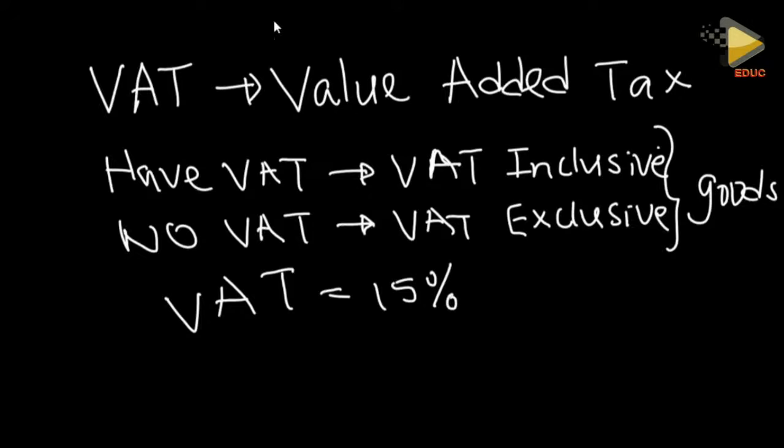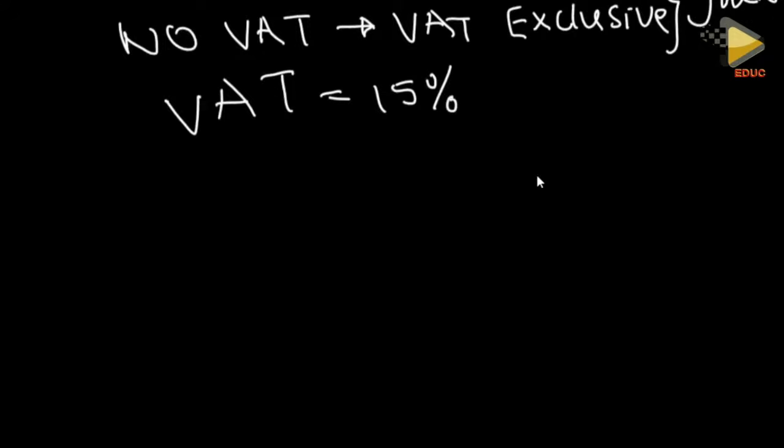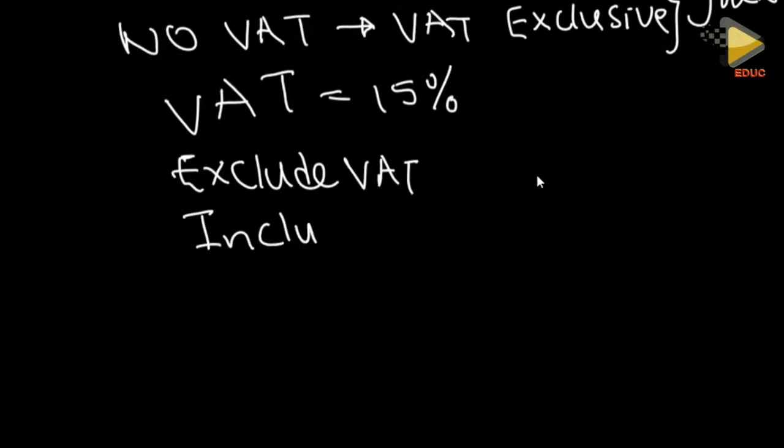Now, the questions that you expect, there would be calculate the amount of VAT charged, or they might ask you to exclude VAT, and the other one has to be, you have to include VAT. They might give you some questions concerning that, but what you expect once you see VAT, you're either going to exclude or to include, or they might ask you how much VAT was paid on this.